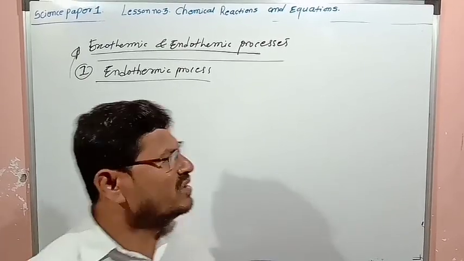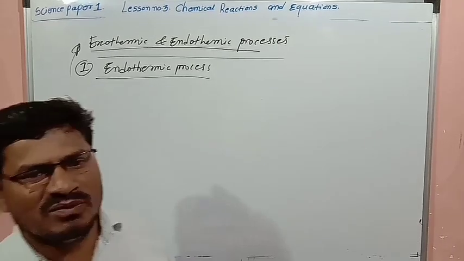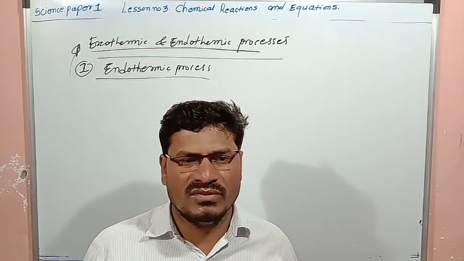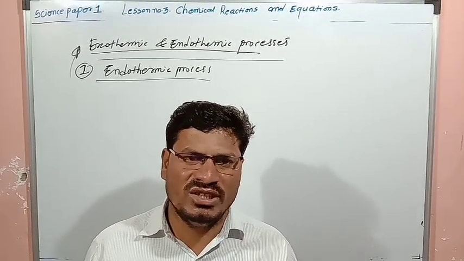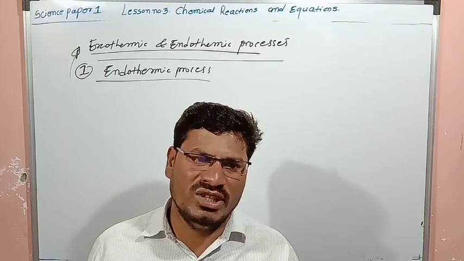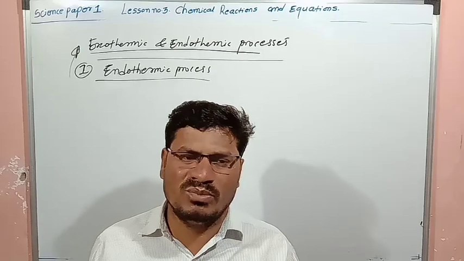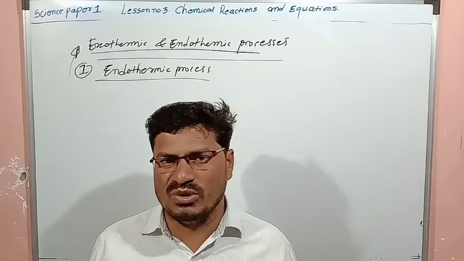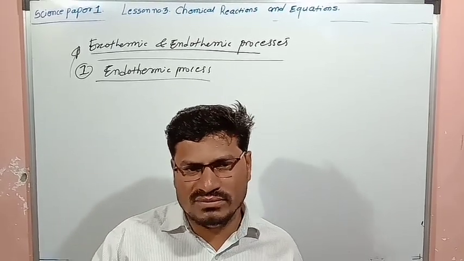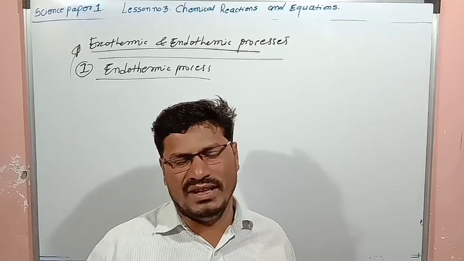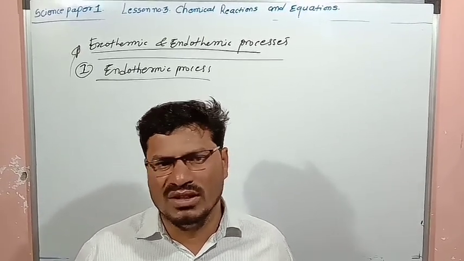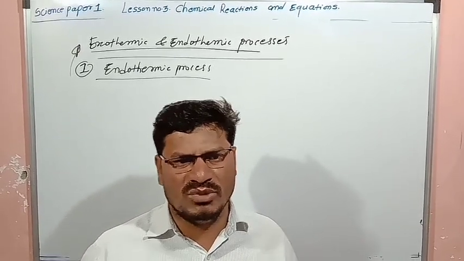The process in which heat is absorbed from outside, or absorbed from the surrounding, that particular process is called an endothermic process. Endo means in, heat is absorbed inside from the surrounding, so it is called an endothermic process.